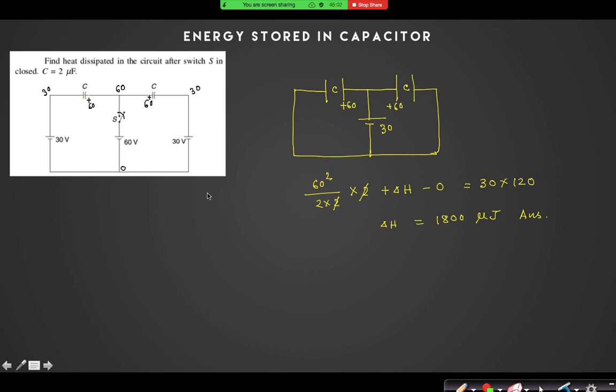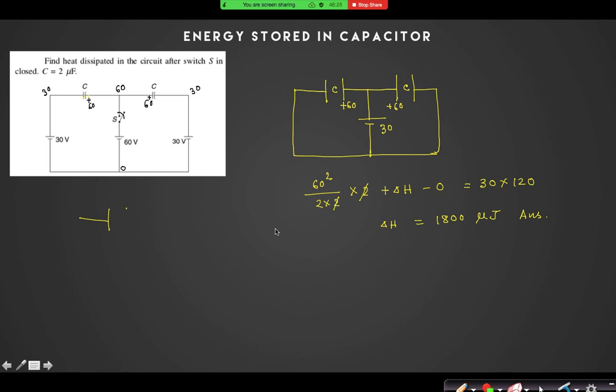Let me check one second. Initially it was 0, so that plate, that battery has definitely provided that charge. But if it is plus 60 minus 60, you can also do it this way initially, the answer will be the same.